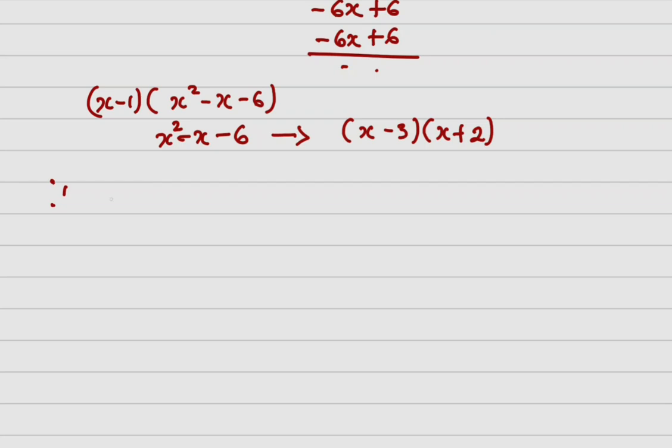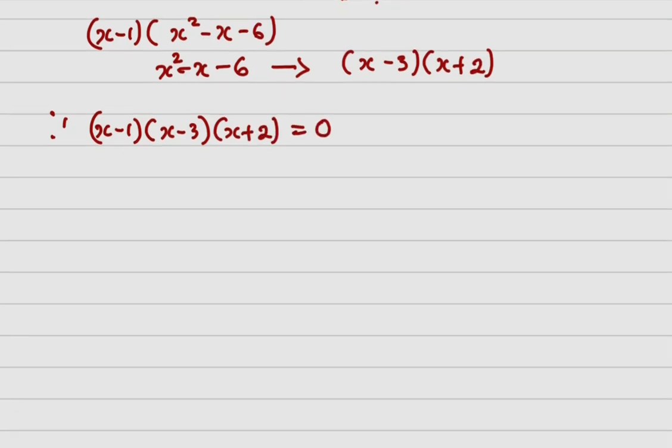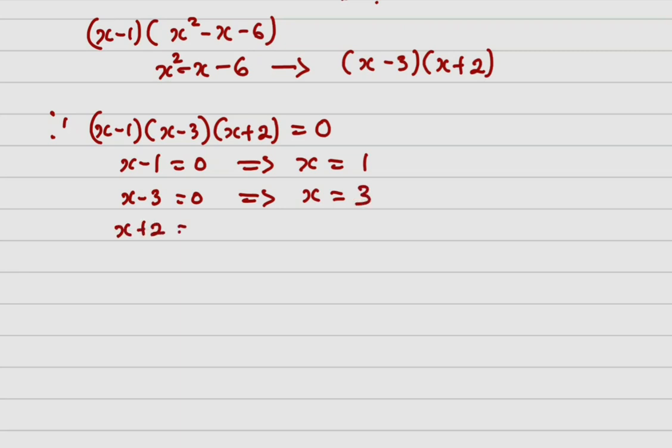So therefore we have (x minus 1)(x minus 3)(x plus 2) equal to 0 as our factorized form. So x minus 1 is equal to 0 implies that x is equal to 1. x minus 3 is equal to 0 implies that x is equal to 3. Then x plus 2 is equal to 0 implies that x is equal to minus 2.